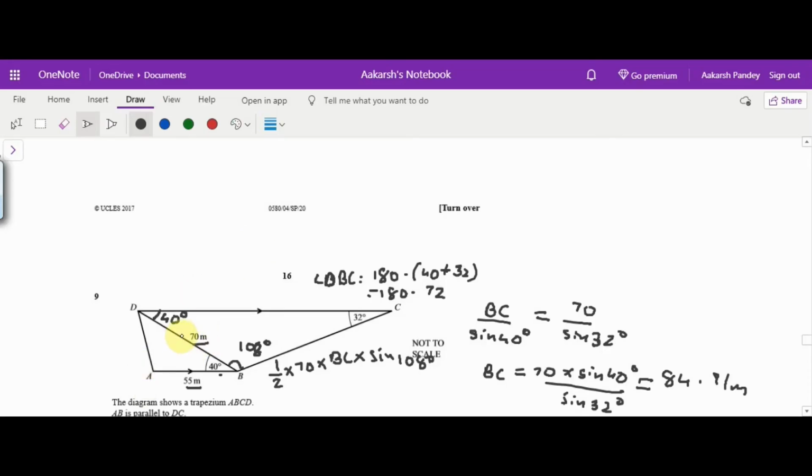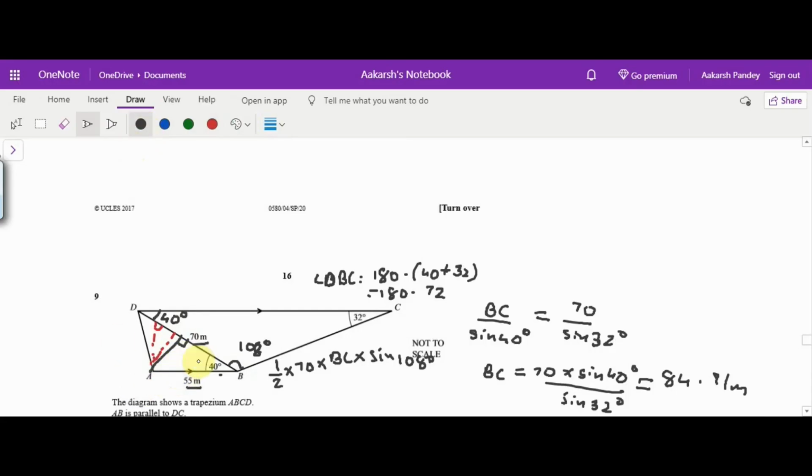So my shortest distance will be somewhat like this, and this has to be a right angle, because if I make a slant line which is not at right angles, I can always bring it to 90 degrees. After that you can see that again it will get bigger and bigger as I go away from 90 degrees. So shortest distance is when it is perpendicular to the given line.